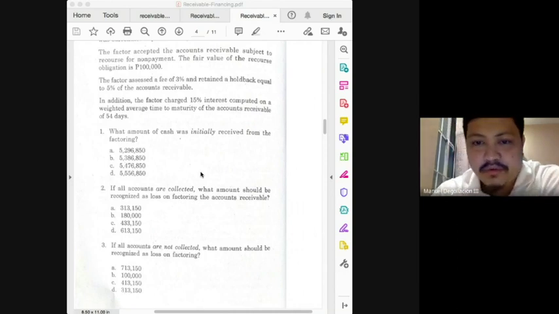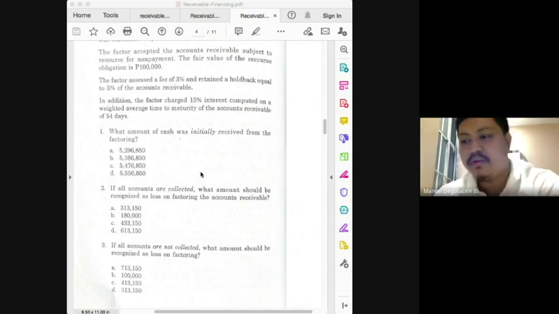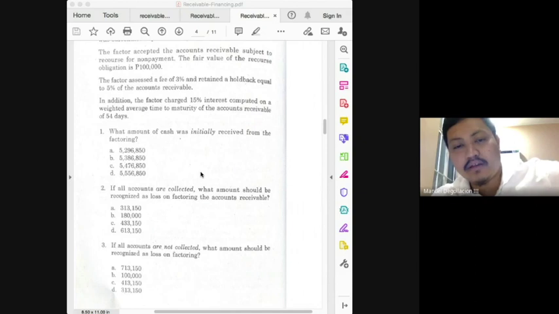But the scenario here is if all accounts are collected, what amount should be recognized as loss? Our answer here would only be 313,150. We will not include the recourse liability of 100,000, since all the accounts were collected. As I've mentioned, the recourse liability and the loss on recourse liability will just be set off against one another in case there is full collection.